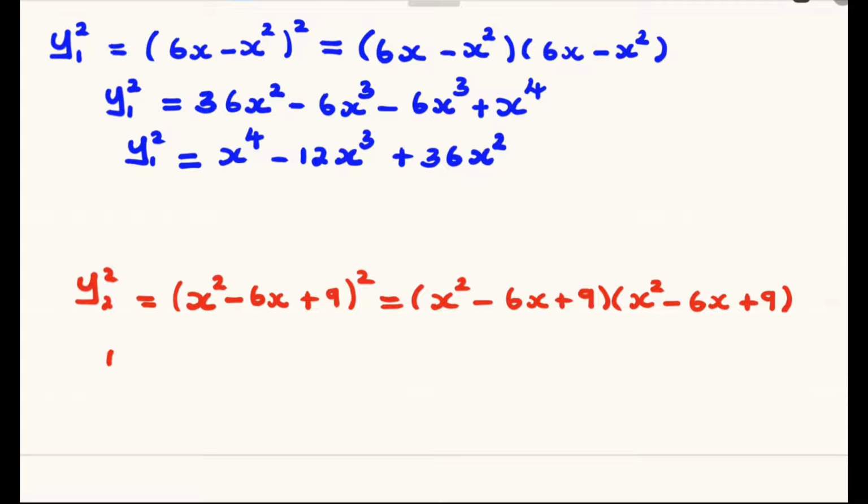We start off by distributing. We start by distributing that x squared.